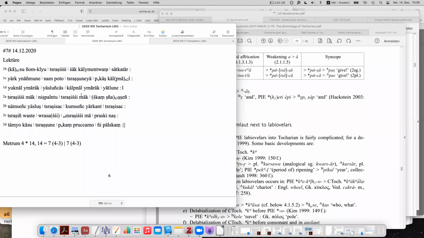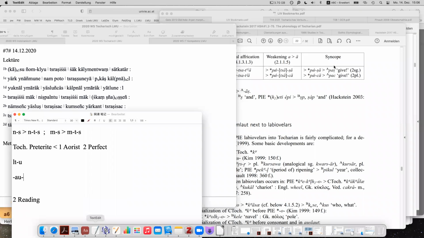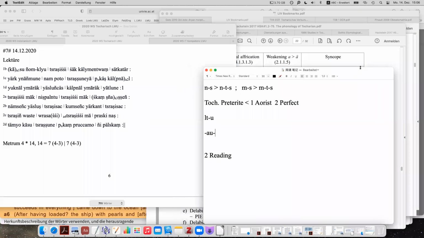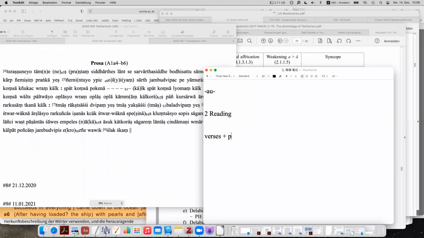As I explained, we actually have in this text a mixed form, right? We have verses here, but we also have prose. So this is a special style in Sanskrit literature. It's called champu.